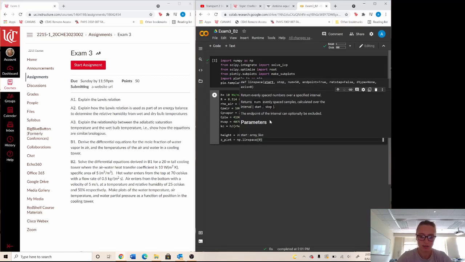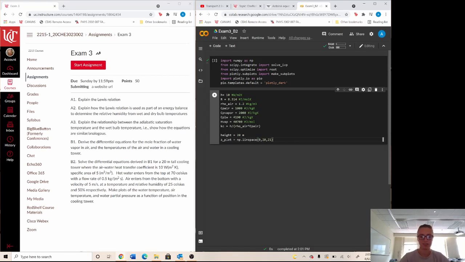So we're going to go 0 to 20. And then I'm going to say that we want 21 values because this will give us a value every meter up until 20. And then after this, heat transfer coefficient is 10. The specific area is equal to 5 meters squared per cubic meter.